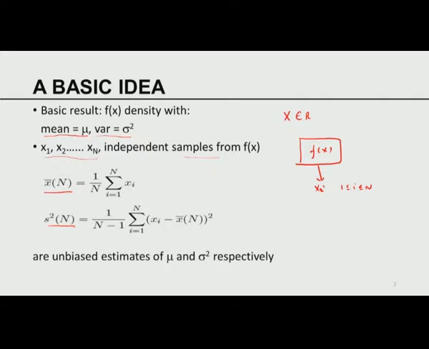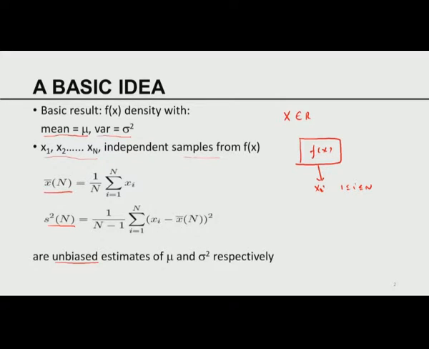and from our class on statistical estimation, we have already shown that this estimator for the mean and this estimator for the sample variance are unbiased estimates. So x bar n is an unbiased estimate of mu, and s square n is an unbiased estimate of sigma square. Very simple basic statistics.